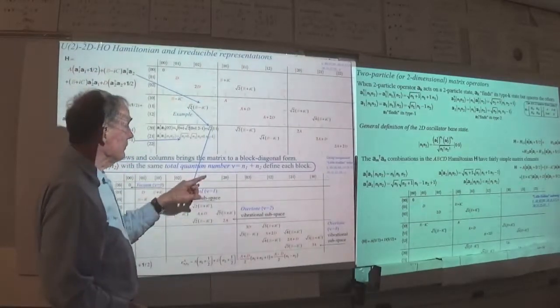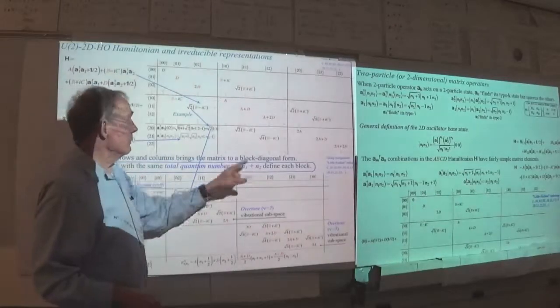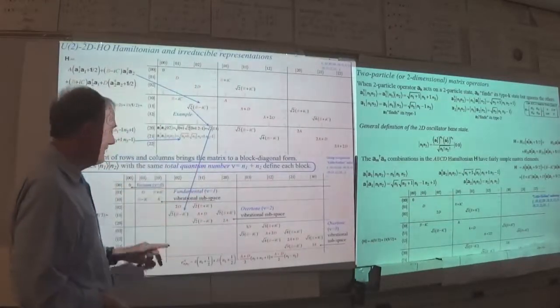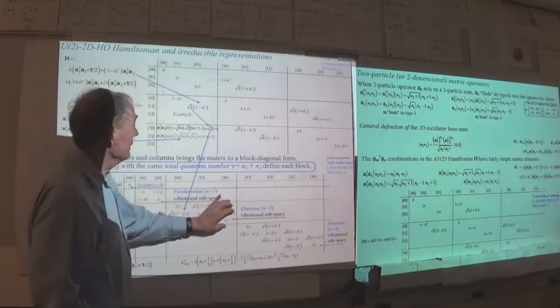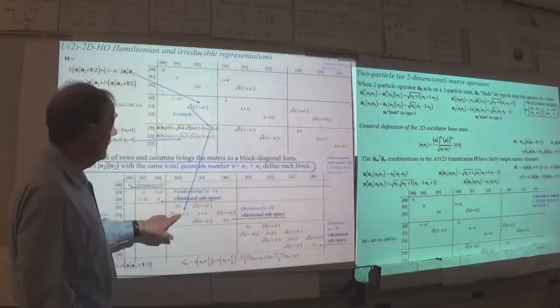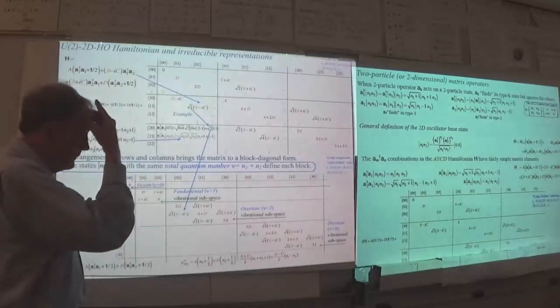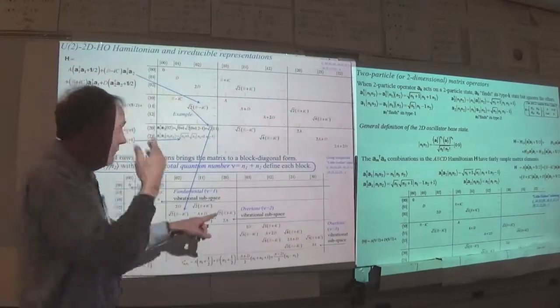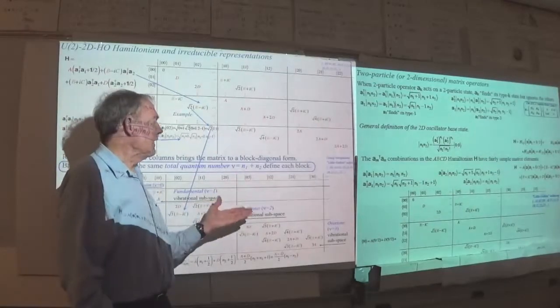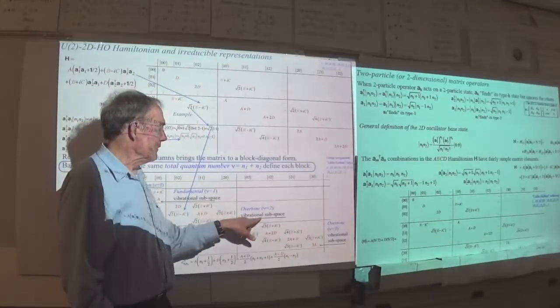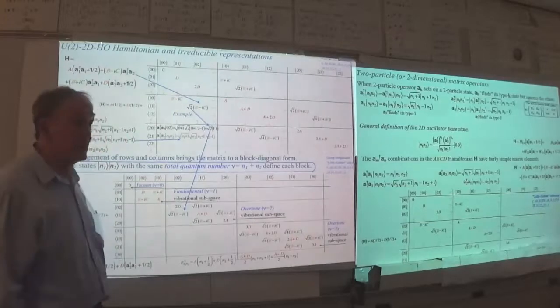In each of those cases, the numbers add up to 2, okay? So, this block right here, and there's part of it right there, that's where the square root of 2 we were talking about before comes from. But this is the first overtone. I just call it the overtone 2, vibrational subspace. Okay?